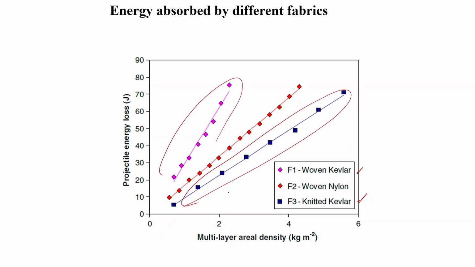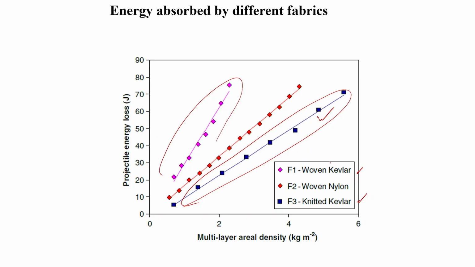So energy absorption by the fabric will be much higher in the case of woven fabric, because the main problem with knitted fabric is that it is stretchable. So it gets extended and the projectile energy absorption will be low.